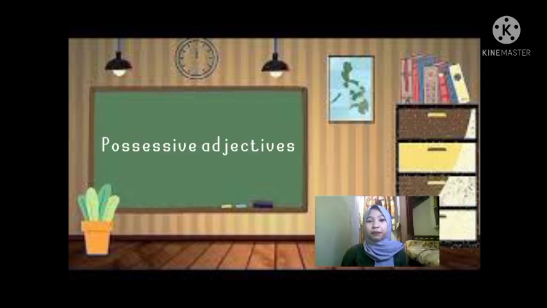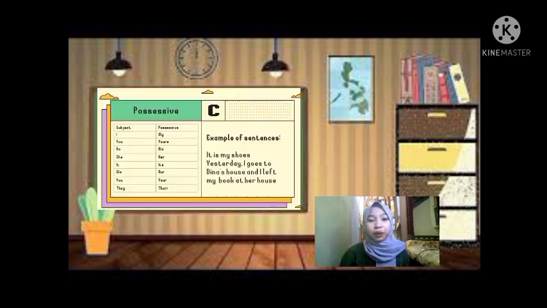For the possessive adjective, there are some rules. We know it from the subject. For I, we use my. For you, we use your. For he, we use his. For she, we use her. For it, we use its.